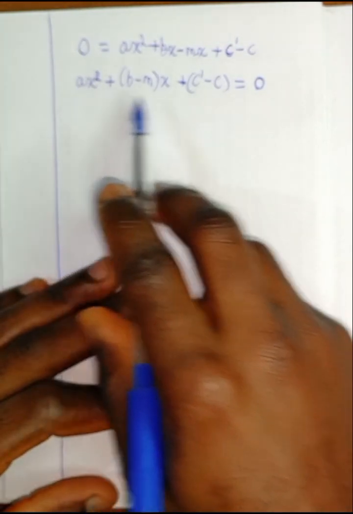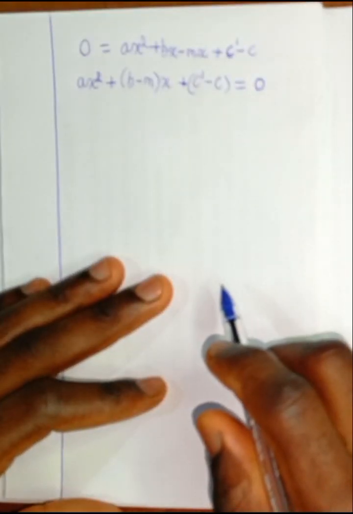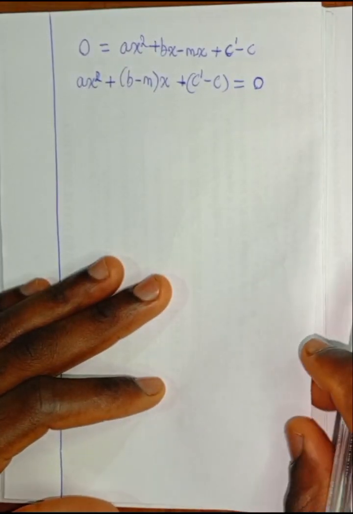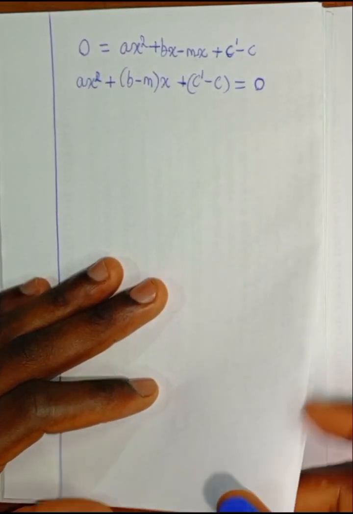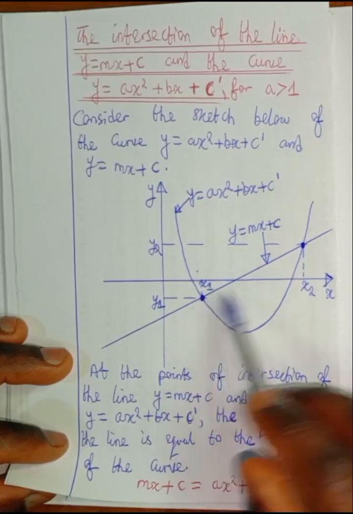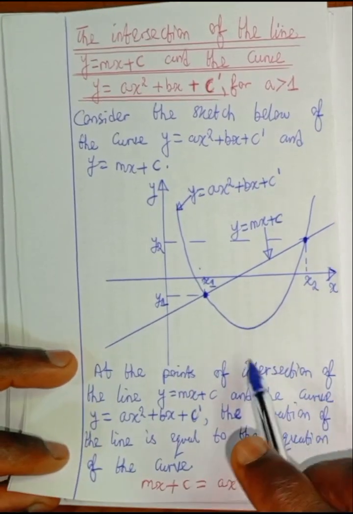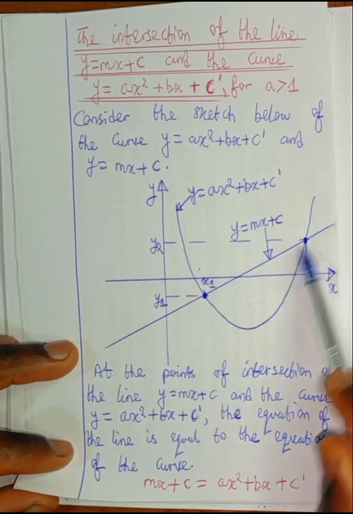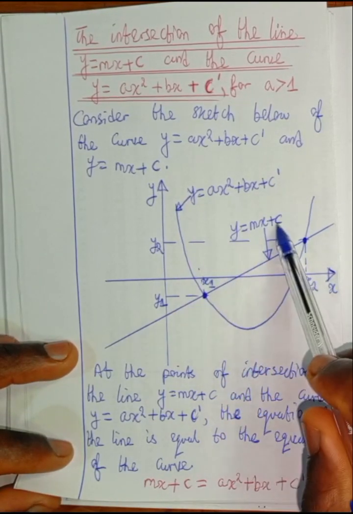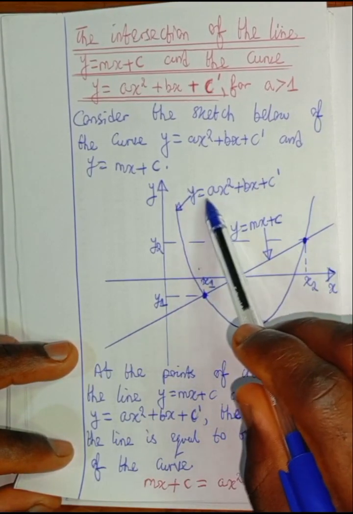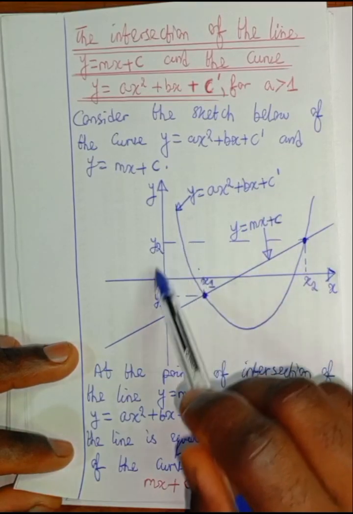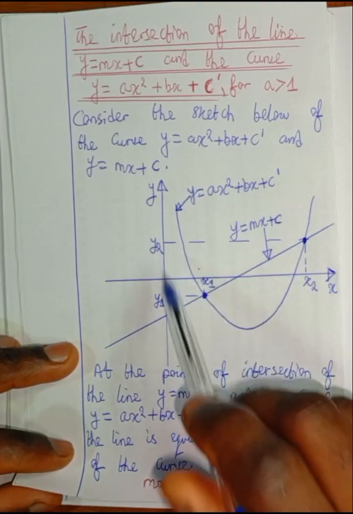If we solve this quadratic equation, we are going to get two values for the x coordinate, x1 and x2. Then we can make use of y equal to mx plus c, or y equal to ax squared plus bx plus c prime to find y1 and y2.